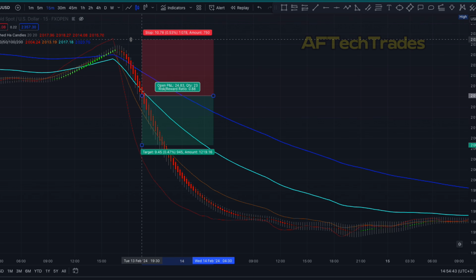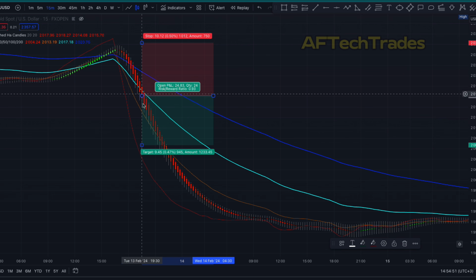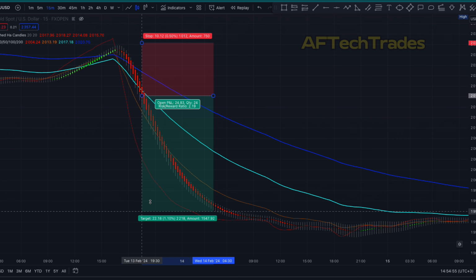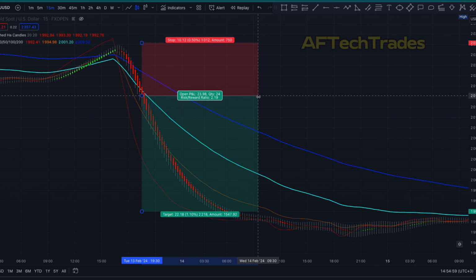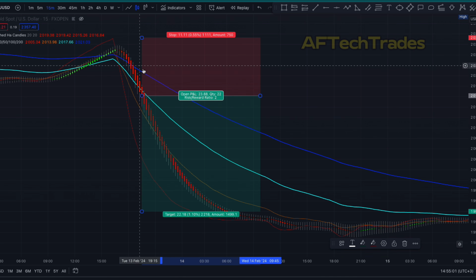We said our stop loss will be at the most recent swing high, and our take profit will be at the most recent swing low in the sell market, right? So you can see how this market played out, or you can double your stop loss as we said. So this is how this strategy works.